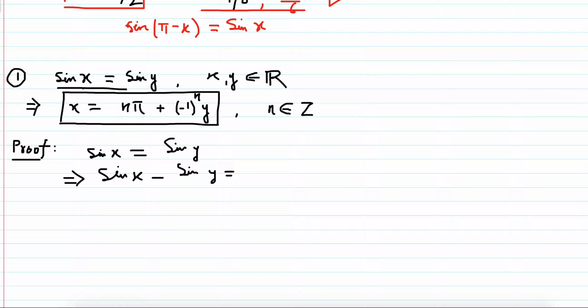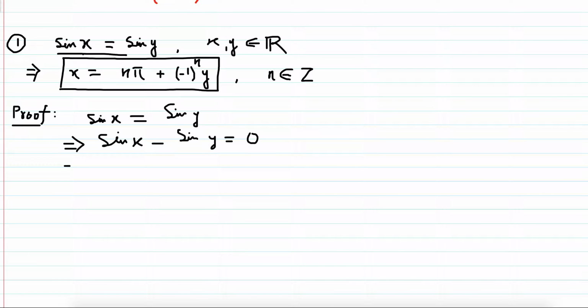And in our previous lectures we had studied the formula for sin x minus sin y. So it will be 2 times cos of x plus y by 2 and sin of x minus y by 2.